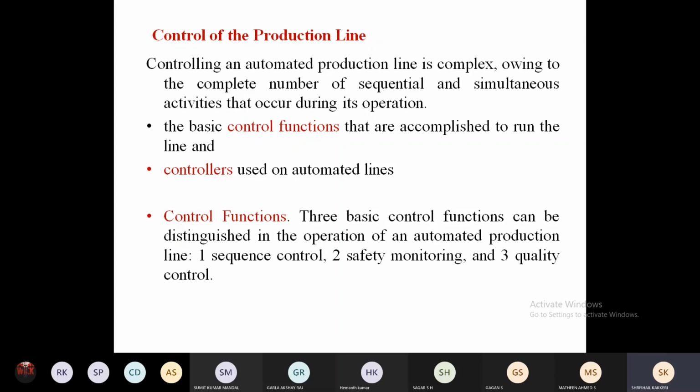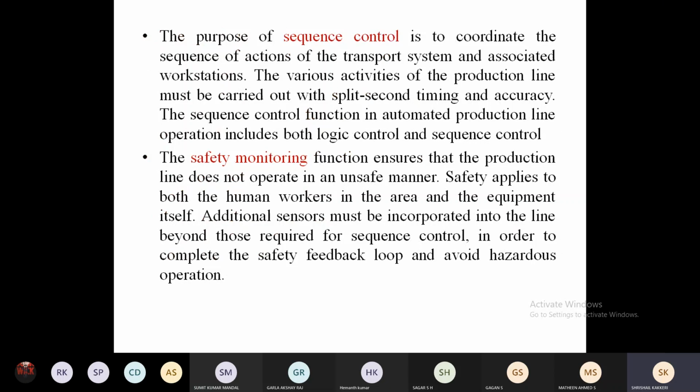Purpose of sequential control: as the name indicates, it is the sequence of operations. What operation is to be done first, and what operation is to be done next at different workstations, is controlled by sequential control systems. For example, in welding systems, say there are three welding robots.